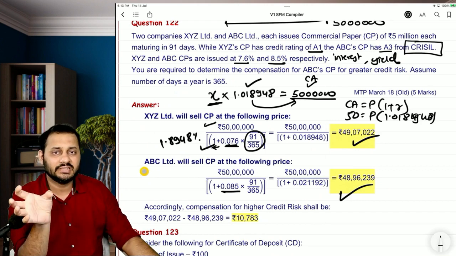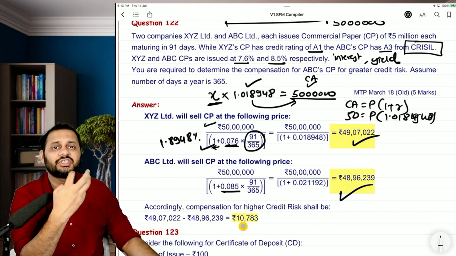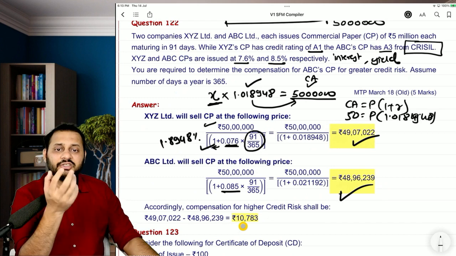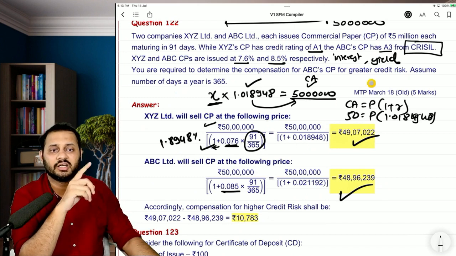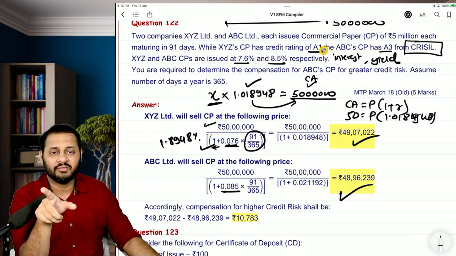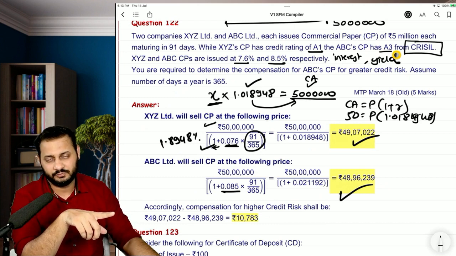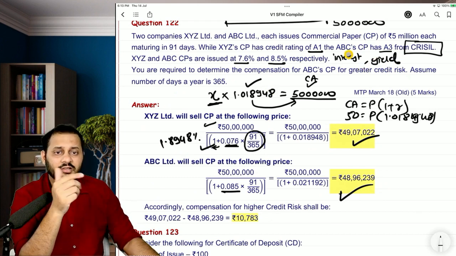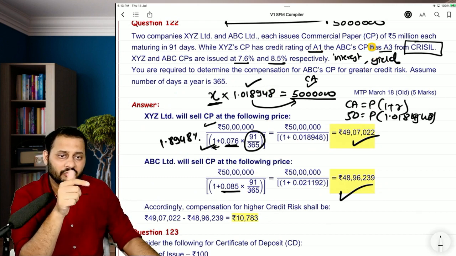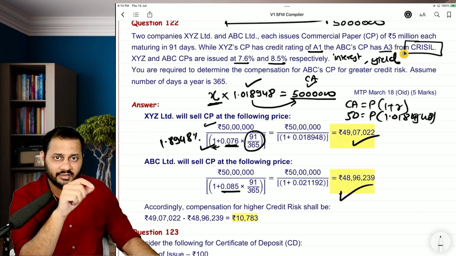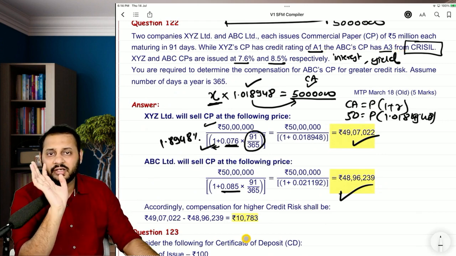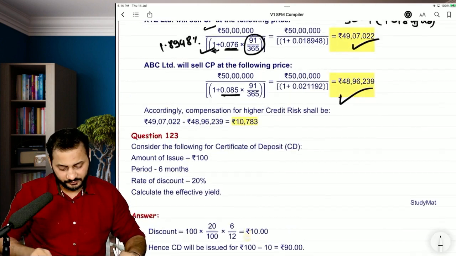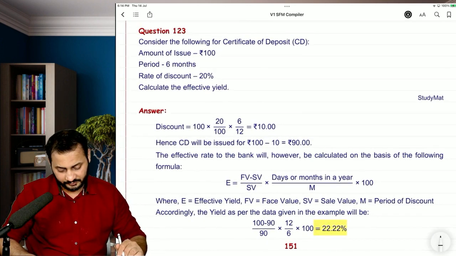That means ABC Limited is paying this much extra amount to the investors just because their commercial paper rating is not A1 but A3. Everything else is the same. So we can say that the value of this credit rating difference is 10,783.